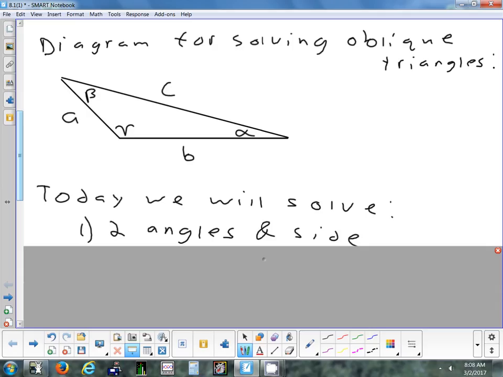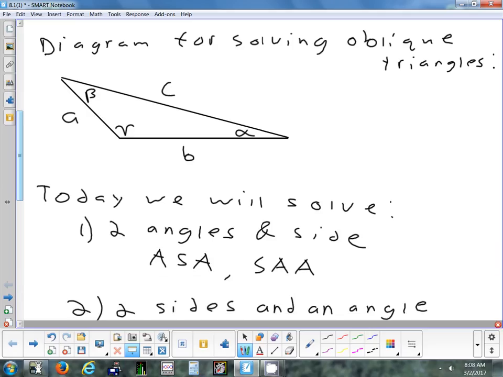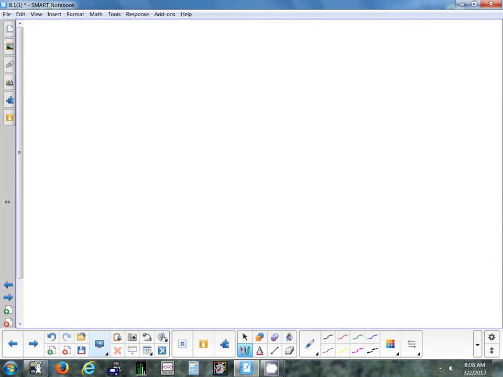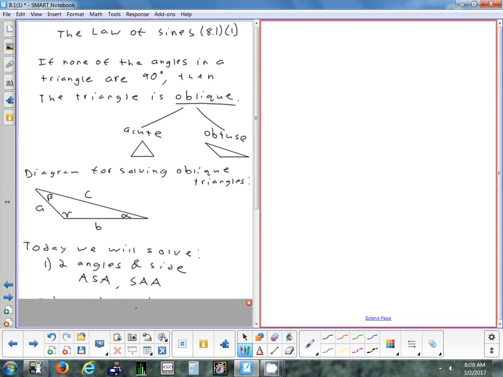And even that, there's 2 ways I could do that. This is angle, side, angle. And side, angle, angle. So you've seen those before when you do proofs in geometry. You use them as abbreviations for theorems and postulates. We're just using them for abbreviations to show what information you have.